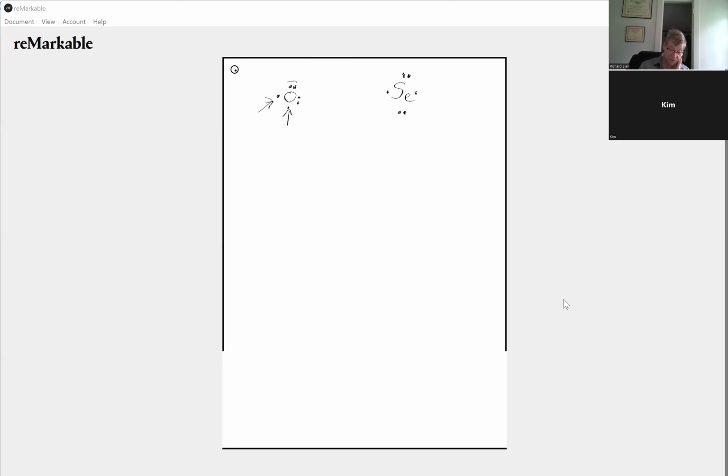Both are telling us that we have 2 sets of lone pair electrons and 2 bonding electrons. Even though the location changes, they both have 2 lone pairs and 2 bonding electrons.